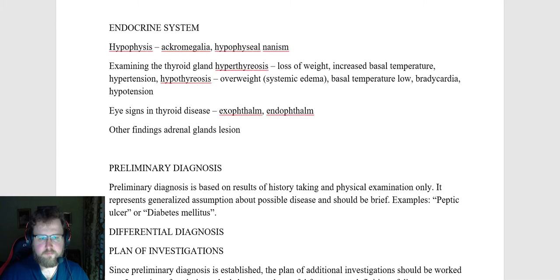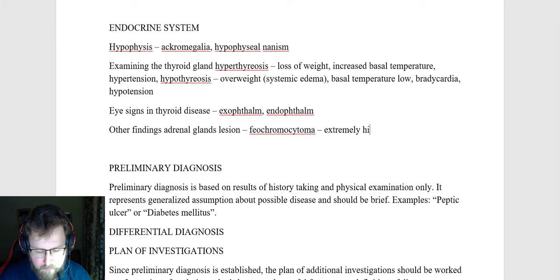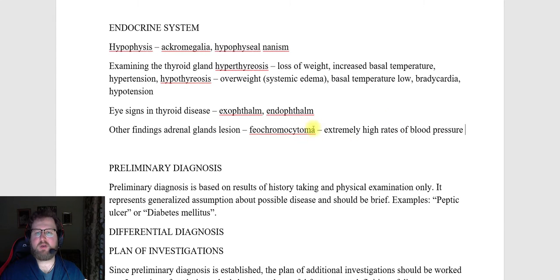For example, if there is a specific tumor of the adrenal medulla known as pheochromocytoma, these patients experience extremely high levels of blood pressure once in a while. When I say extremely high, it means pressure with a systolic rate higher than 200, 220, 240 millimeters of mercury. That's a very specific condition.